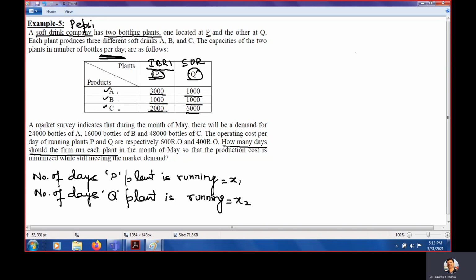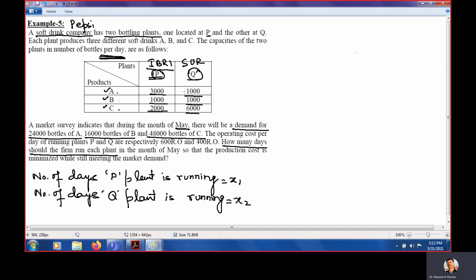Clear? Now a market survey indicates that in the month of May, there is a demand for 24,000 of A-type bottles, 16,000 of B-type bottles, and 48,000 of C-type bottles. A market survey indicates what? This is the demand.